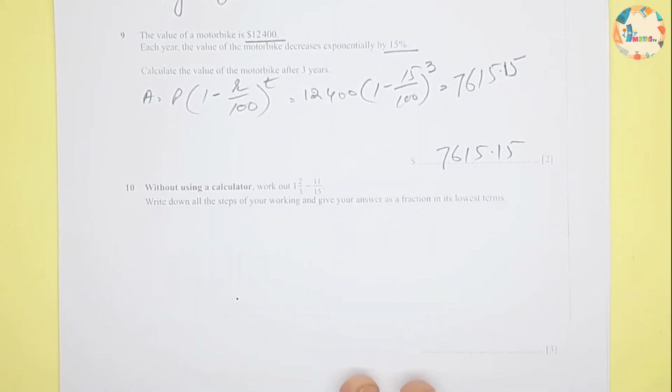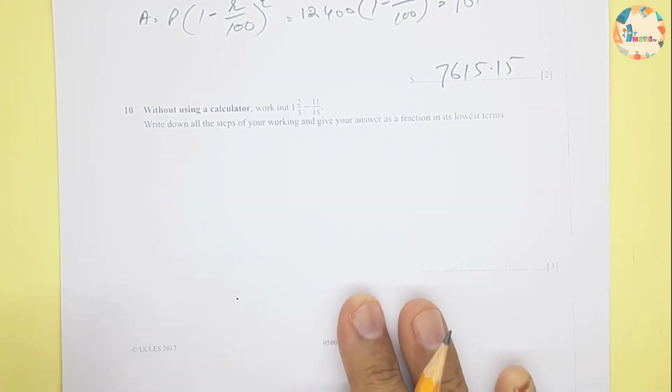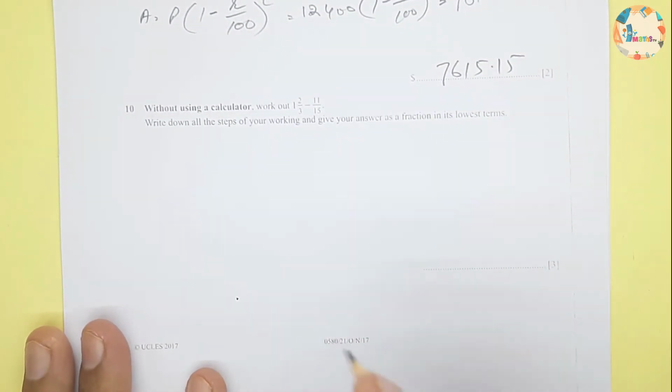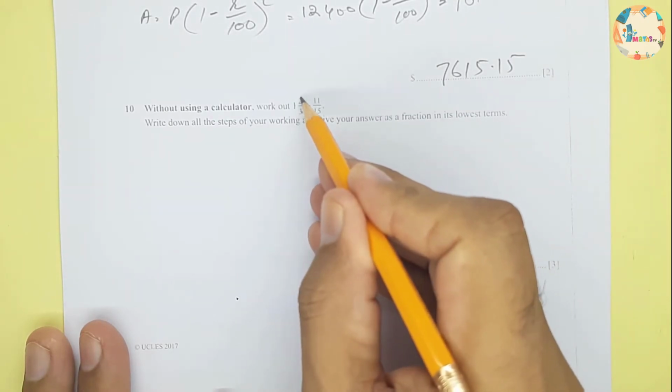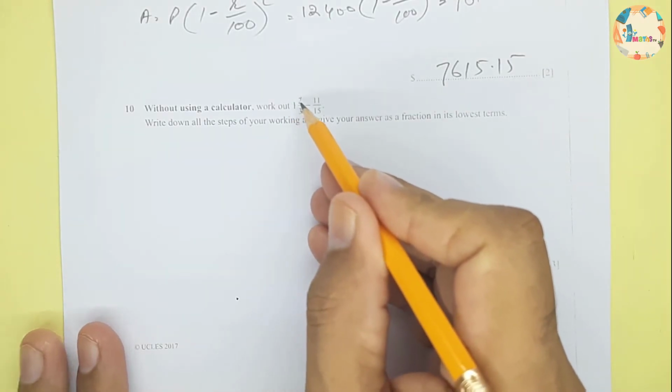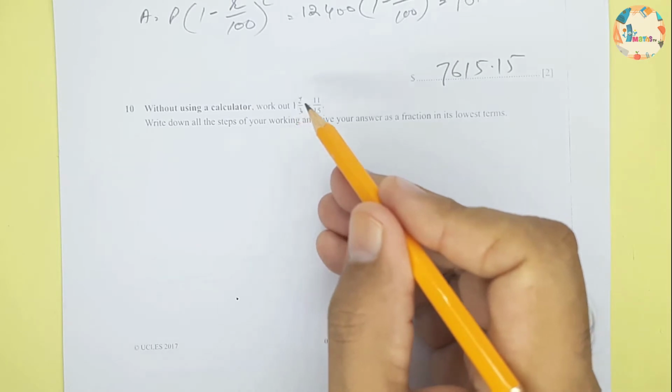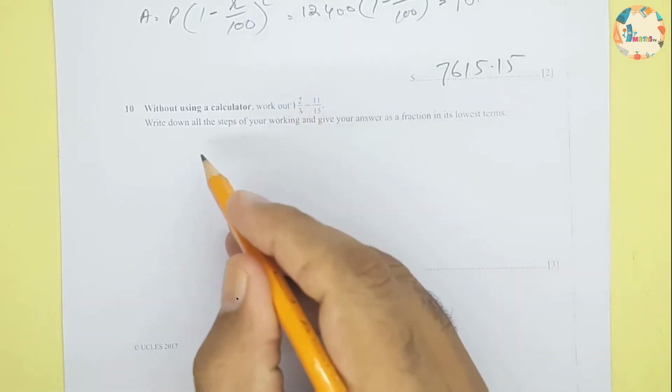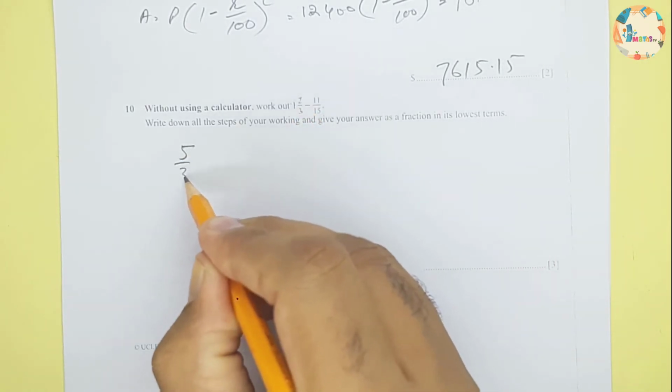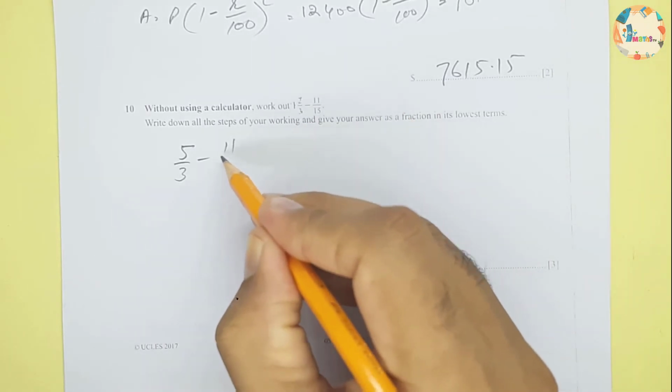Without using a calculator, work out this fraction. So we will be changing the mixed fraction into an improper fraction. 3 ones are 3, 3 plus 2 will be 5, so 5 by 3 minus this will be 11 over 5.